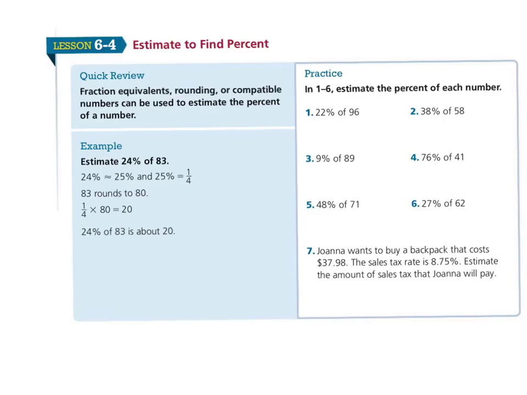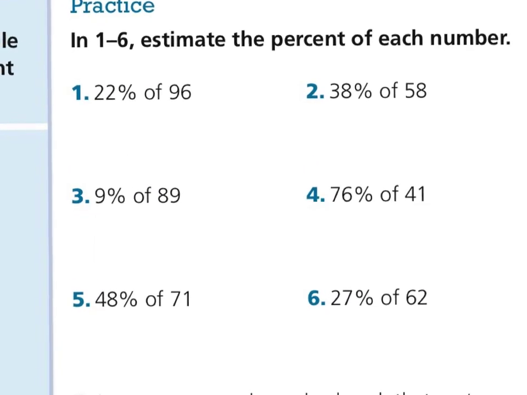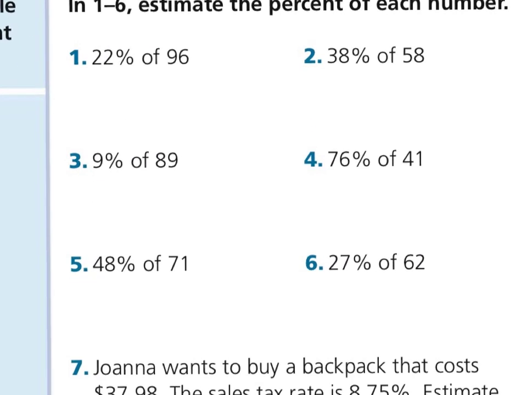Section 4, estimating to find percents. This is where we rounded off and tried to make the problems easier to work out. So if you look at number 1, 22% of 96, we're just going to make the numbers easier to work with. So you can just say maybe 20% of 100.